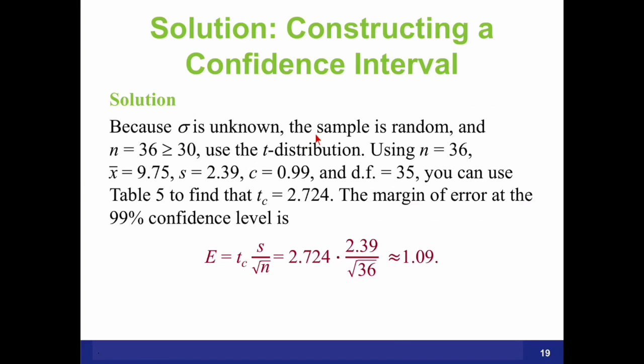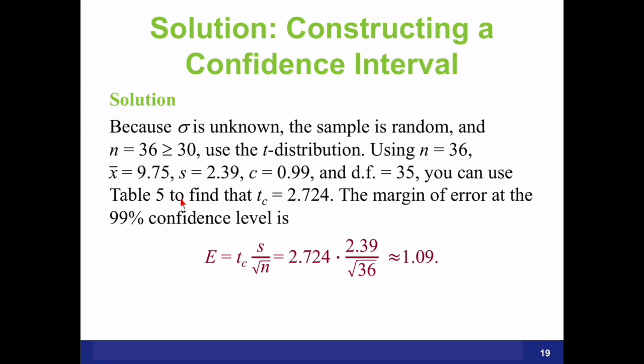Because sigma is unknown, the sample is random, and the sample size is greater than 30, we can use the t-distribution. So if we use n equal to 36, this will be the point estimate for the mean, this will be the estimation for the standard deviation of the population, this is the level of confidence, and the degrees of freedom are going to be one less than the sample size.